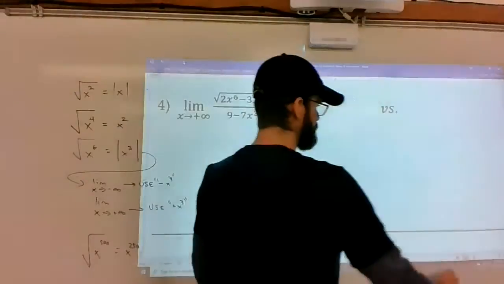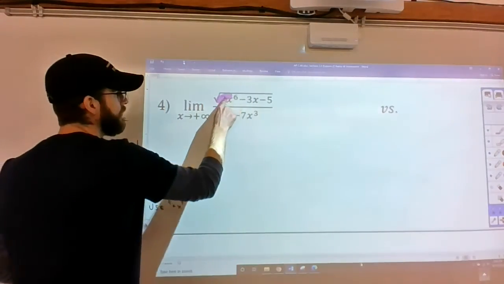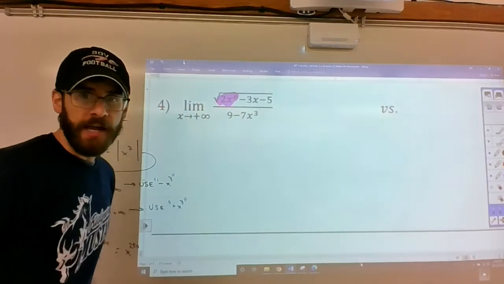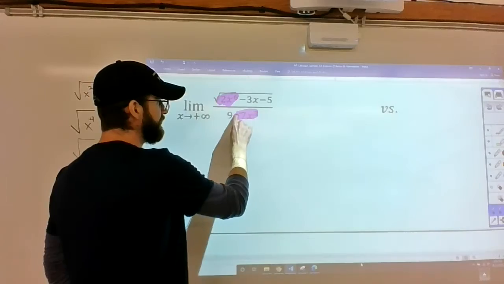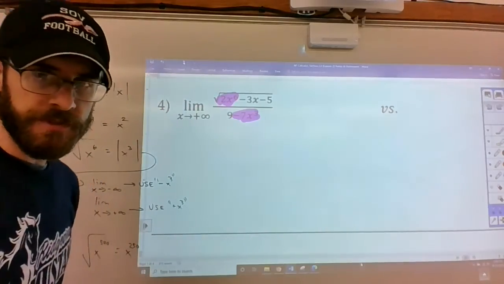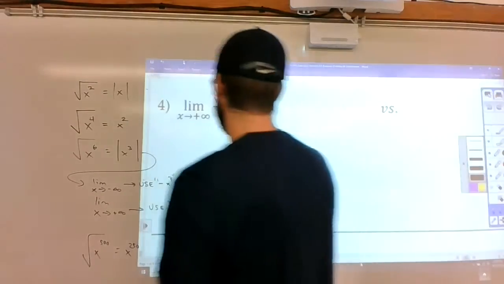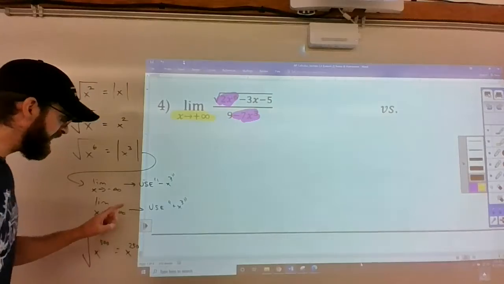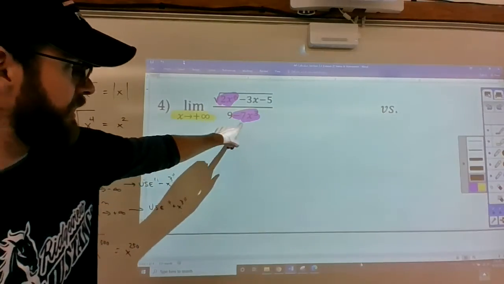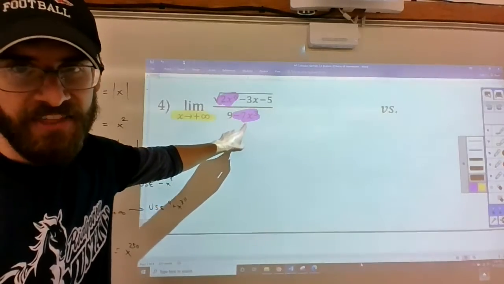So we would be most concerned with the 2x cubed, the 2x to the 6th power, and the negative 7x cubed. If the limit as x approaches positive infinity, then you are using basically a positive x cubed to divide that out.